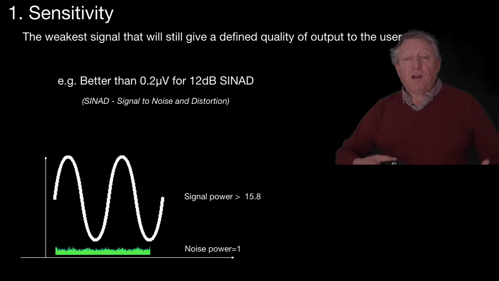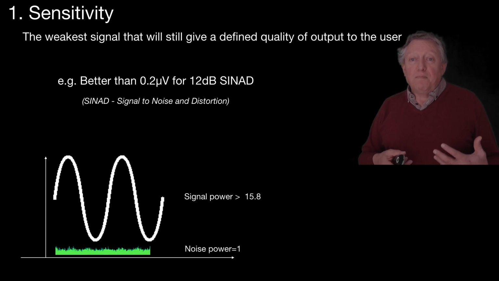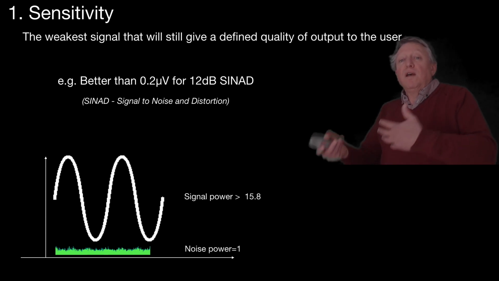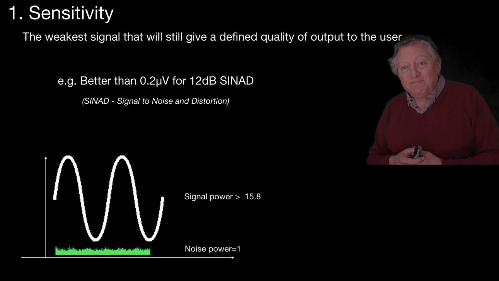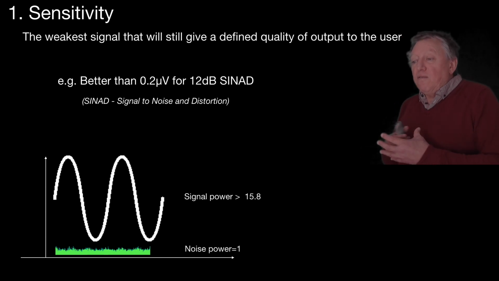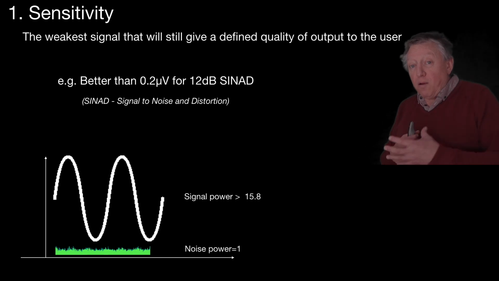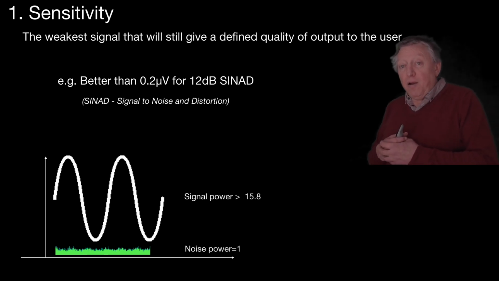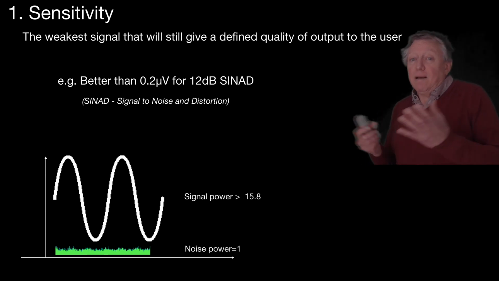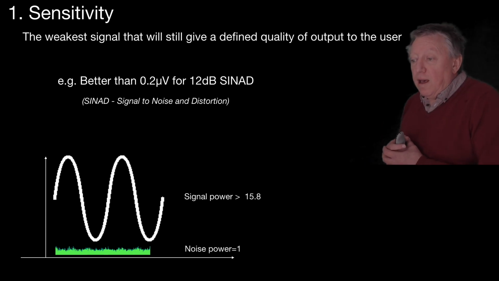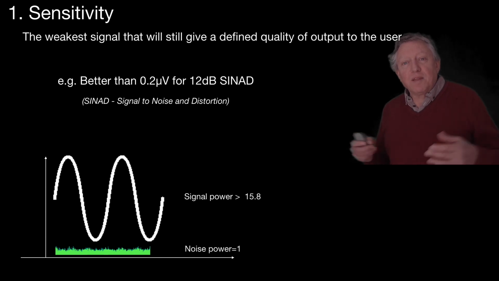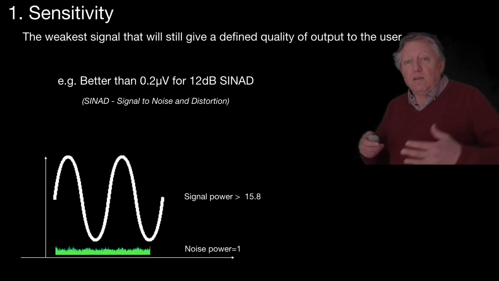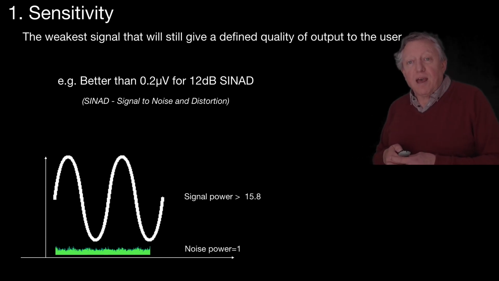Well, we're going back to the fundamental units of bels. We're going from decibels, 12, to bels, 1.2. So here we say that the sensitivity, if we put in a 0.2 microvolt modulated signal, we should get out a signal to noise and distortion of 15.8 times. The signal is 15.8 times that of the noise.